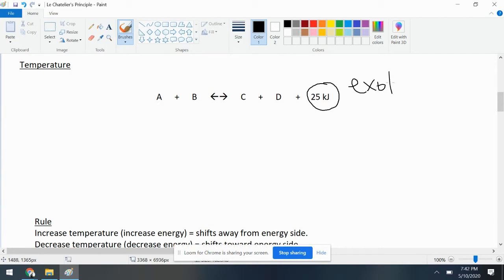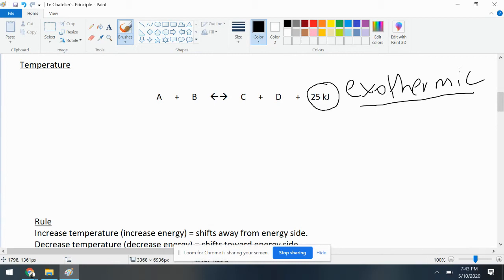So you can say this is an exothermic reaction. Again, heat's being released according to this reaction. If it were on the left side, it would be an endothermic reaction, where the reaction requires heat to produce the products. Make sure you identify that.